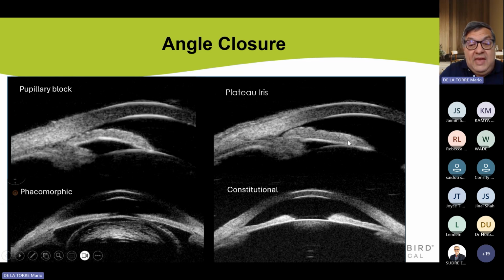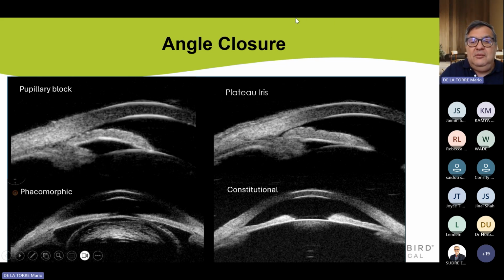As you can see, if you use gonioscopy in this case, you are not able to see any structure. And you must be very skilled to recognize with gonioscopy that this is a plateau iris. You must see the double hump sign. And sometimes we see all this angle, and we go directly with iridotomy.